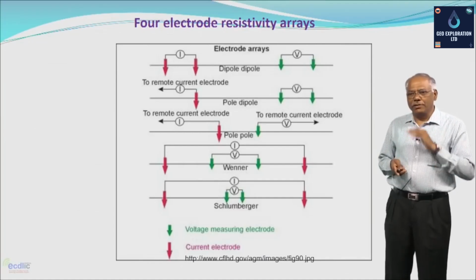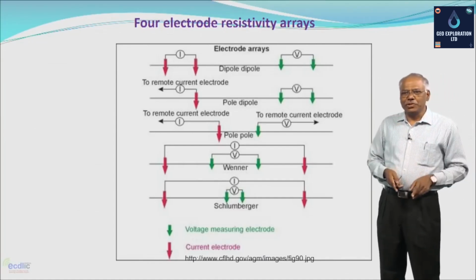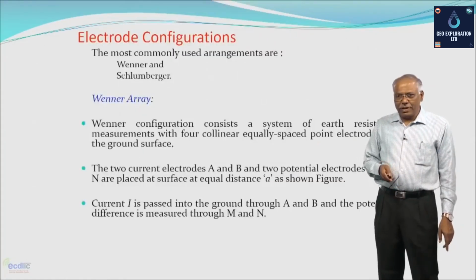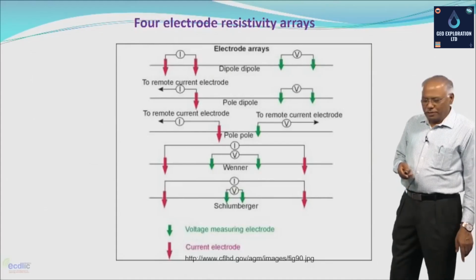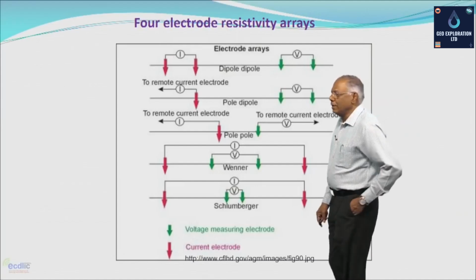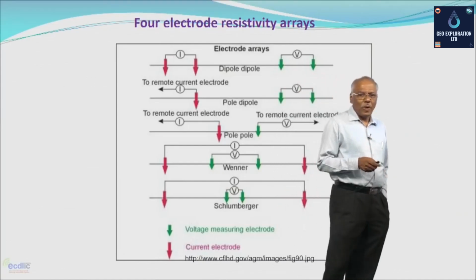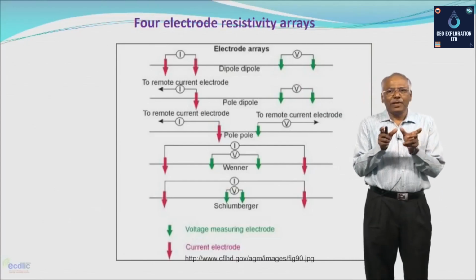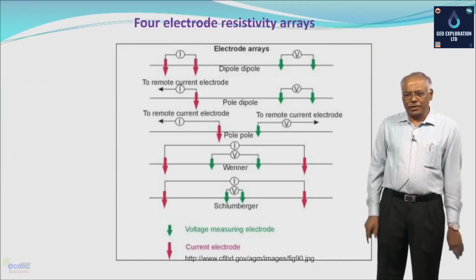and the Schlumberger electrode configuration. In the Wenner electrode configuration, one can see in the picture that P1 and P2 are the potential electrodes, and C1 and C2 are the current electrodes. The distance between successive electrodes is the same in the Wenner configuration.